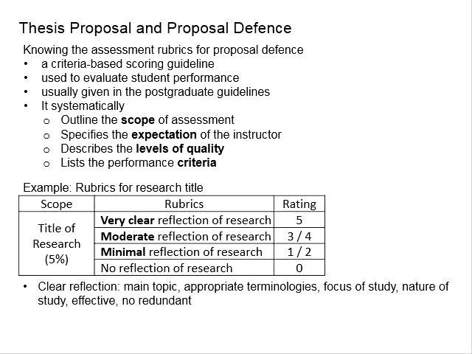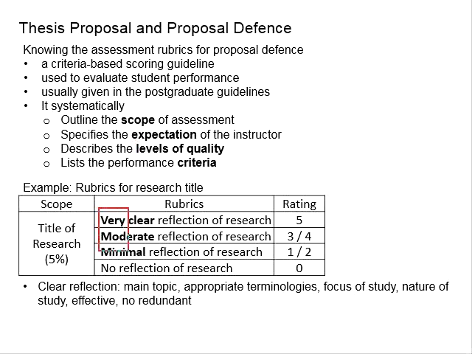To read the rubrics, you will need to read every single word, because every single word provides meaning, and you will have to interpret those words and find the differences between different levels of quality. Let us look into it one by one. No reflections of research, minimum reflections of research, moderate reflections of research, very clear reflections of the research.